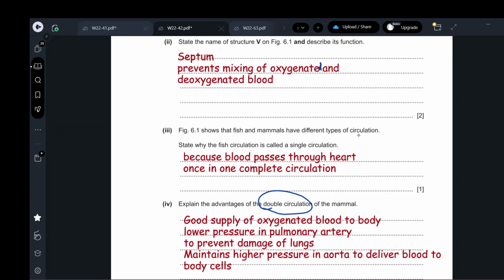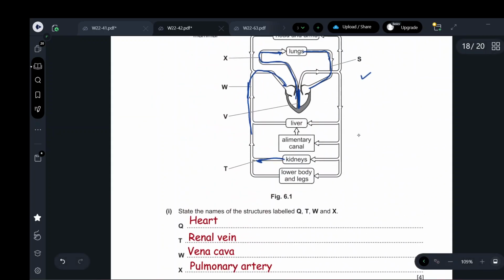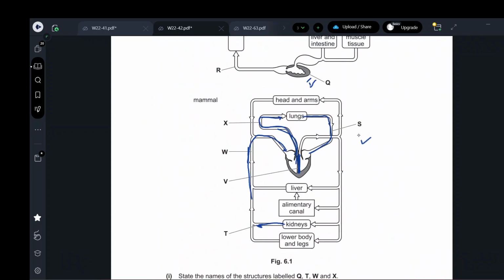Try to add different points. Having double circulation allows good supply of oxygenated blood because it allows the blood to go to the lungs, bring oxygen, come back, and take another push. So it allows good supply of oxygen.